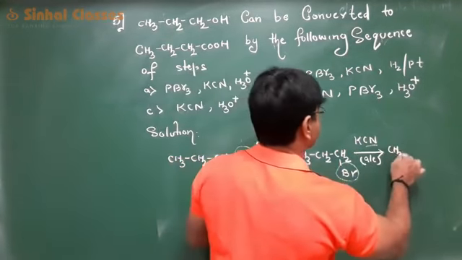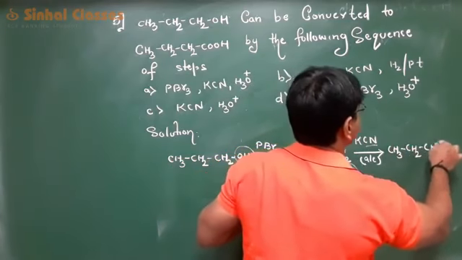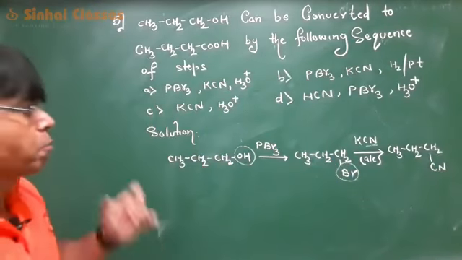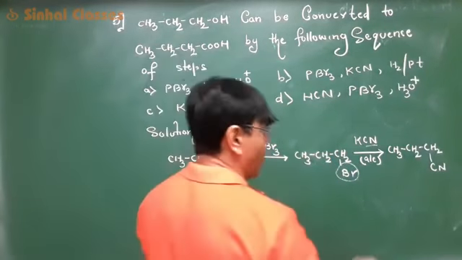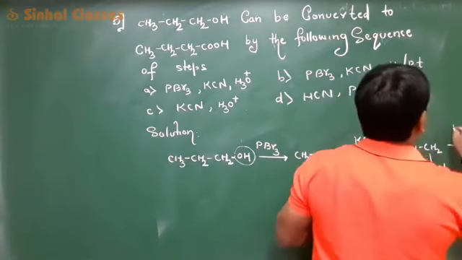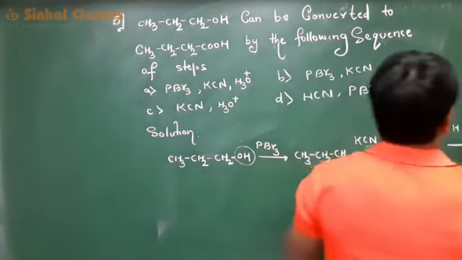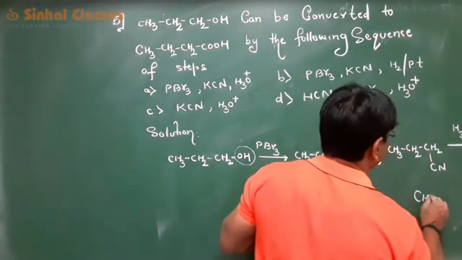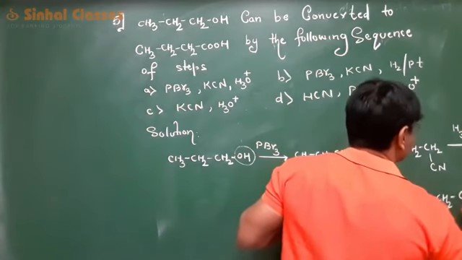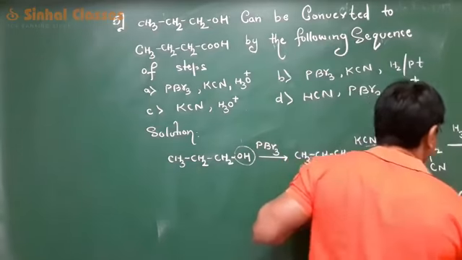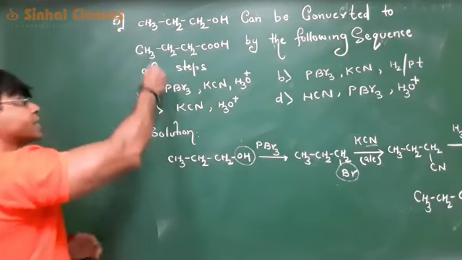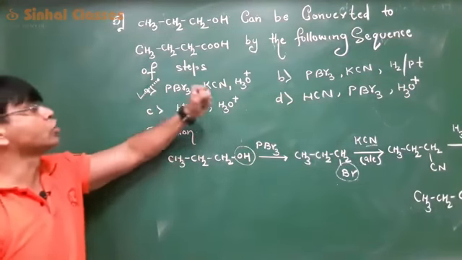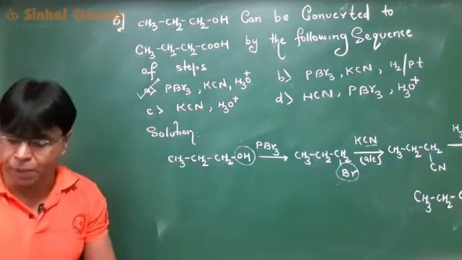So you will get CH3CH2CH2CN, that is propyl cyanide. Now you can do acidic hydrolysis, and the moment you do cyanide hydrolysis, you will get butanoic acid. So option A itself is correct. Okay, so this is question number 5 for you people.